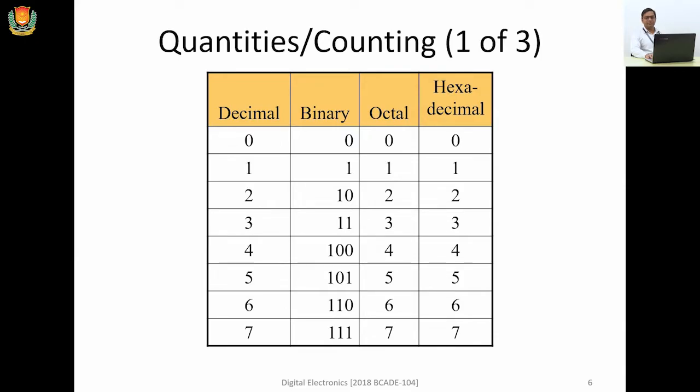The binary representation of these symbols is 0, 1, 10, 11, 100, 101, 110 and 111. In the octal number system, there are 8 symbols, similar to the decimal, starting from 0 till 7.